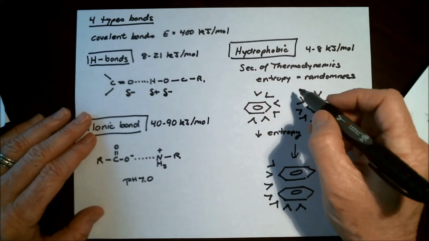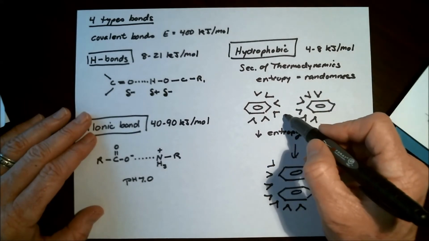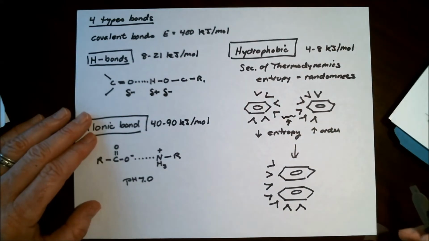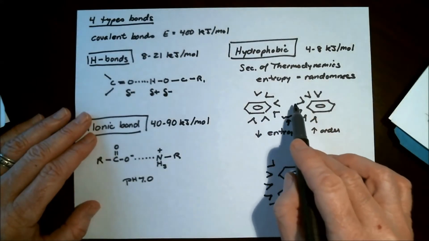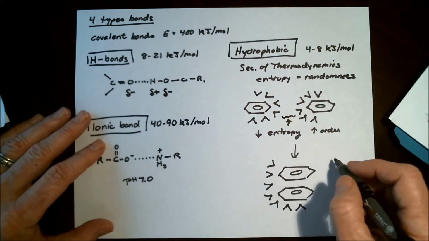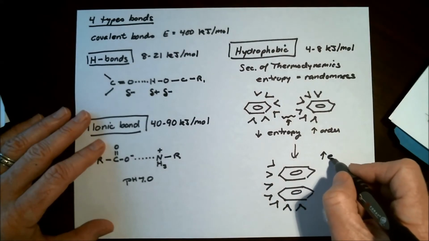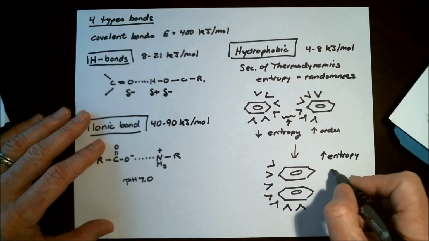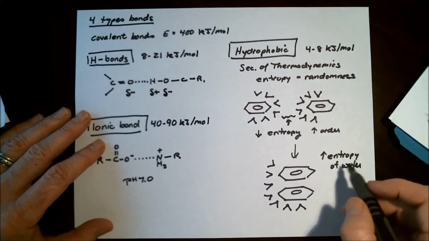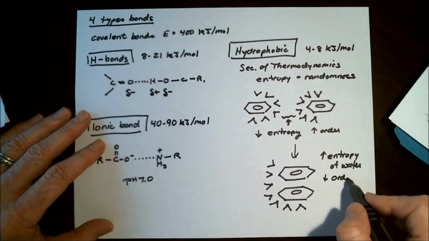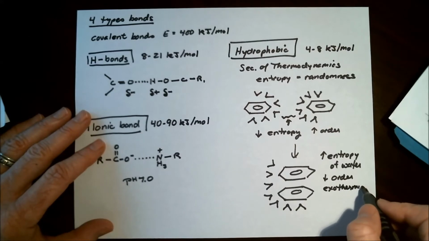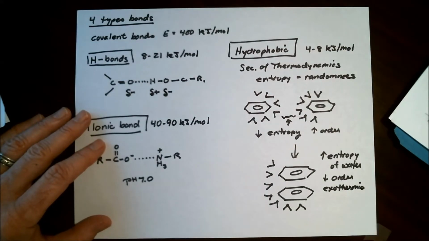But what we've essentially done is displaced this area of the water and created randomness, because we've dislodged this, and now the water forms around the two. So essentially, when we put these two hydrophobic groups together, we are increasing the entropy of water. By increasing the entropy, we are decreasing the order, and this will be an exothermic process leading to a favorable situation.